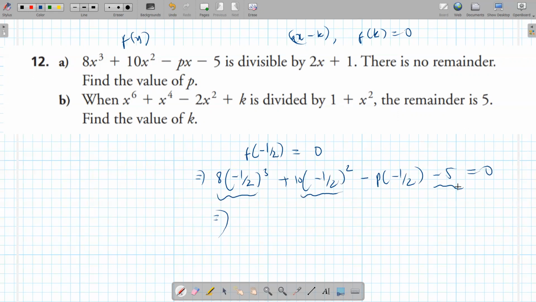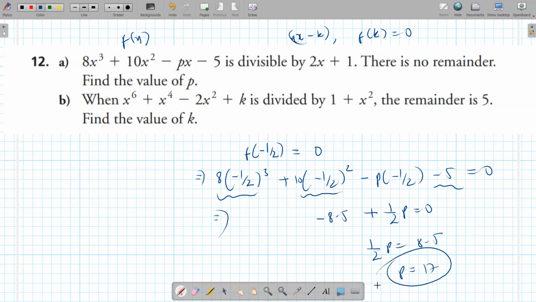So 8 times -0.5 cubed plus 10 times -0.5 squared, and then -5. So I got -8.5 from all the numbers, plus this becomes a plus, 1/2 p equals 0, yeah? Add 8.5 on both sides, multiply by 2, so therefore p is 17.